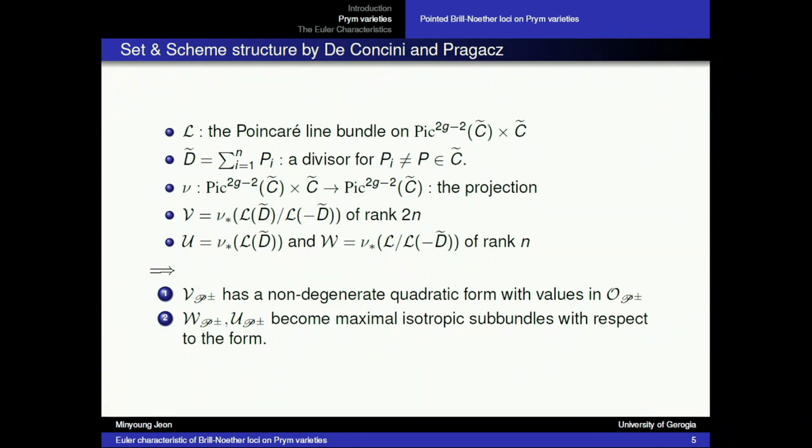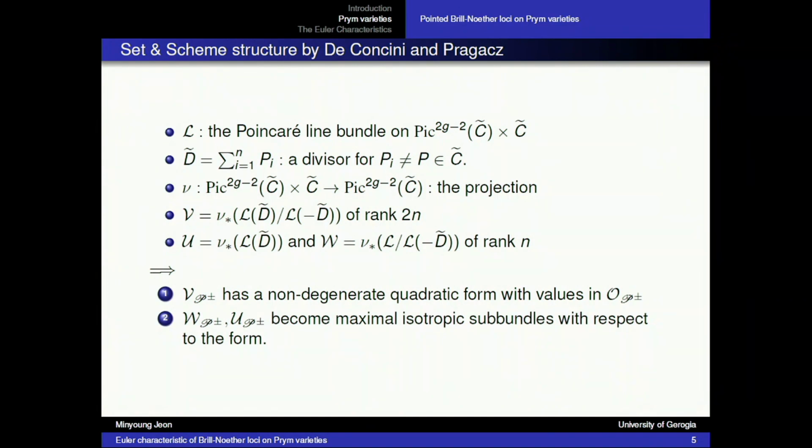If we pick a divisor of degree d with sufficiently large n, then we can construct a vector bundle of rank 2n with the Poincaré line bundle associated to the divisor d tilde. They then show that this vector bundle of rank 2n has a non-degenerate quadratic form.